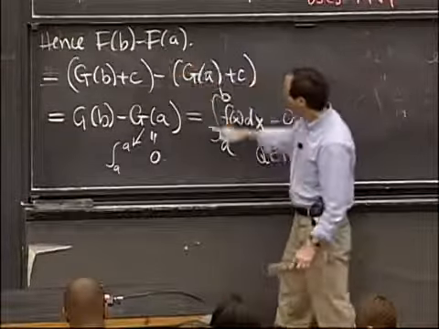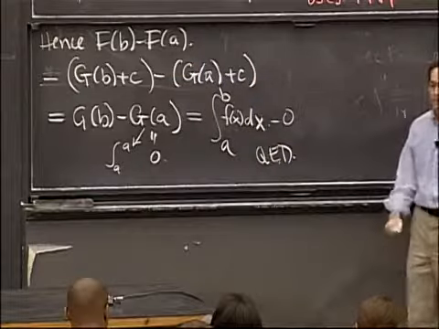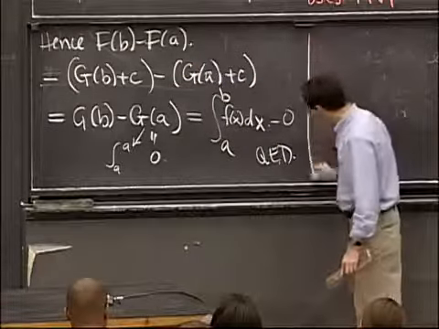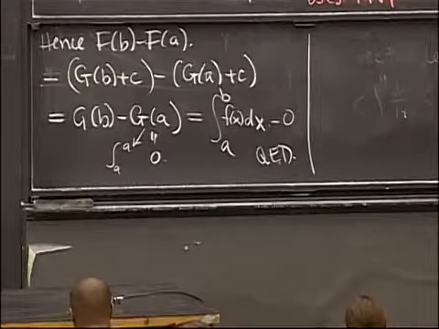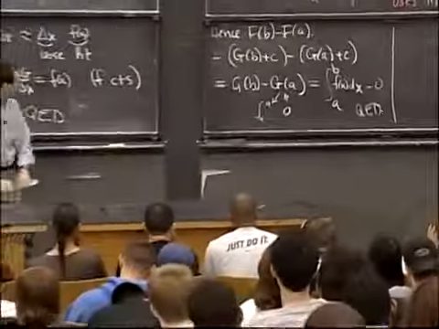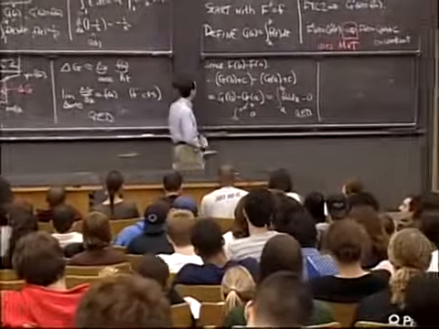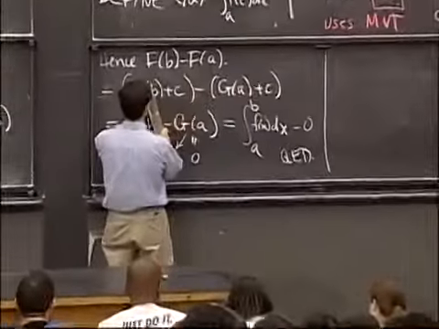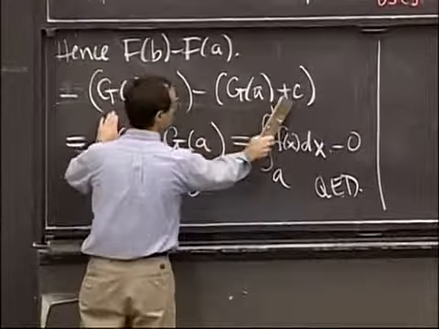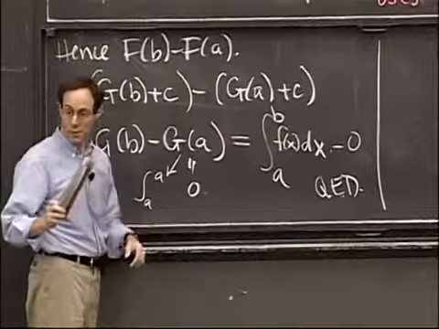I started with f of b minus f of a. I got to the integral. Question? How did I get from f of b minus f of a to g of b plus c minus g of a plus c?